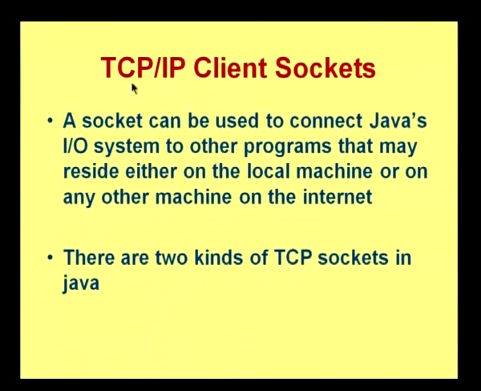Now we will see what is a TCP IP client socket. In our previous session we have seen about TCP IP. TCP IP is a connection oriented protocol. It means that whenever I am trying to connect the client and the server, both the client and the server should be available during the connectivity, and then the data can be passed between them.